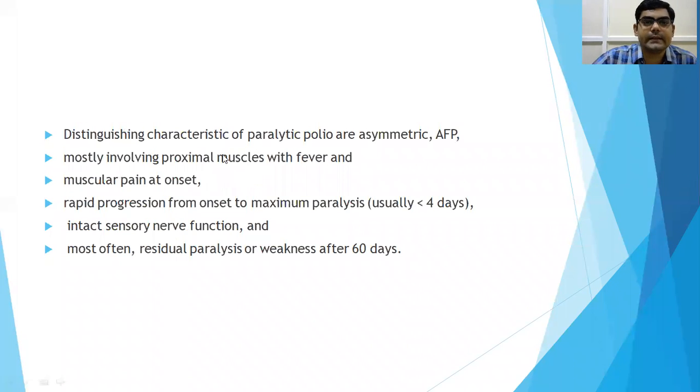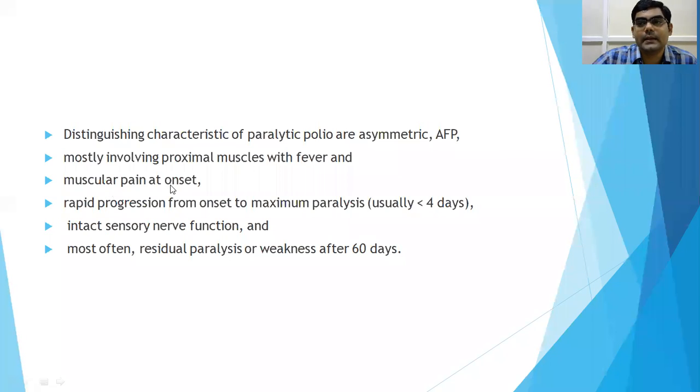So again, the take-home message for the classes is only this slide. Yeah? Distinguishing characteristics of paralytic polio are asymmetric, acute flaccid paralysis, lower motor neuron type of lesion, mostly involving proximal muscles, that is descending paralysis.